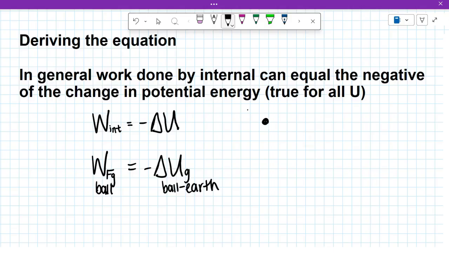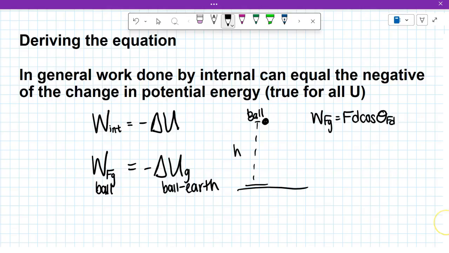So let's say I have a ball that is released from rest, and that ball falls a distance h to the ground. I want to figure out the work done by the force of gravity, and I know the work done by any single force is the value of that force times the value of the displacement times the cosine of the angle between them.